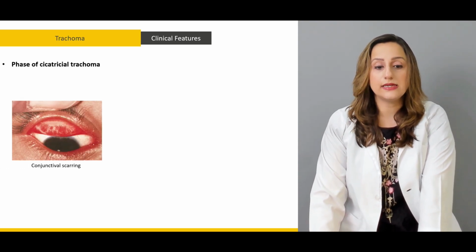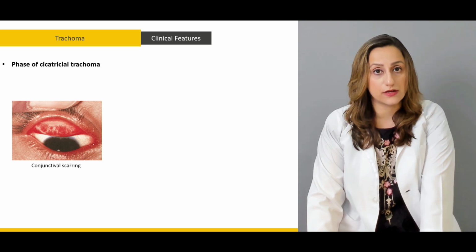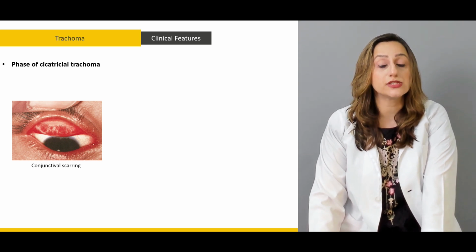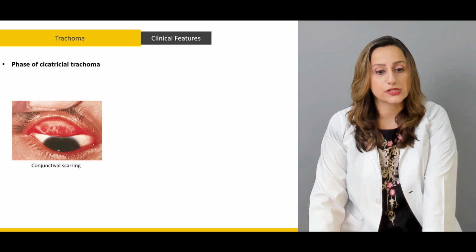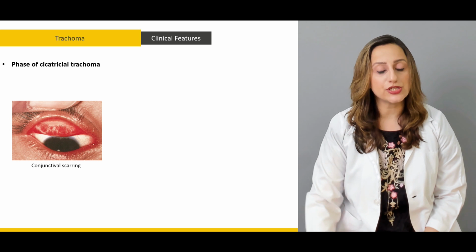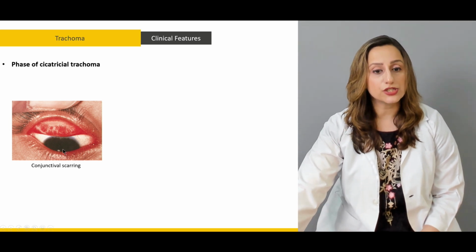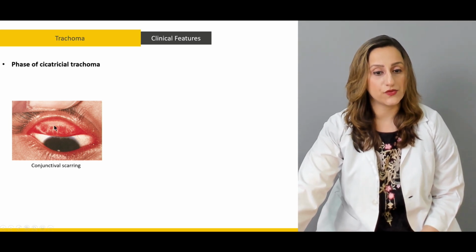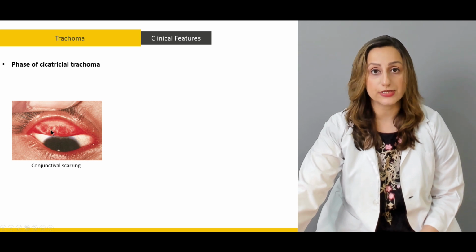It can be the development of scars or cicatricial tissue. That is very important. Once you have a look at this conjunctival scarring, you can appreciate these star-shaped scars that are present over here.